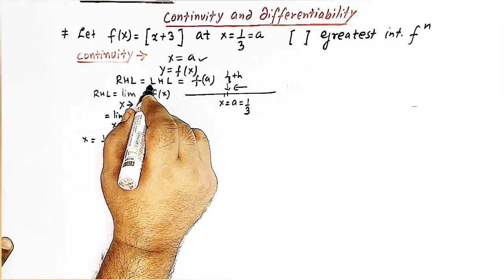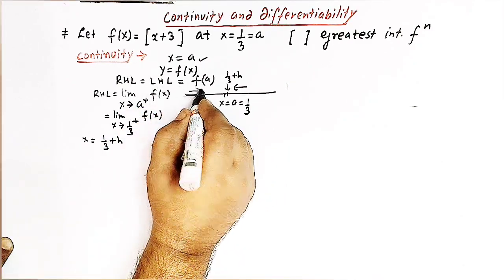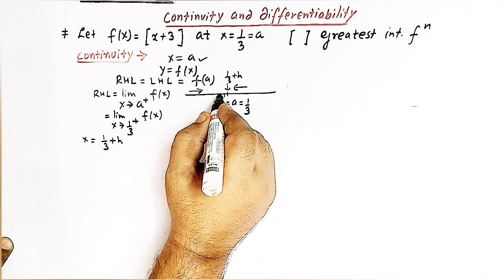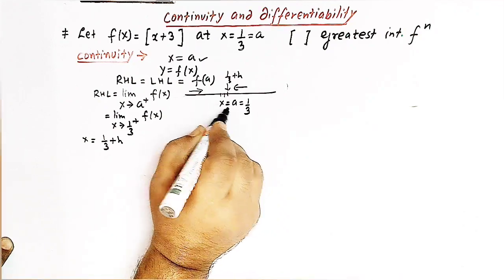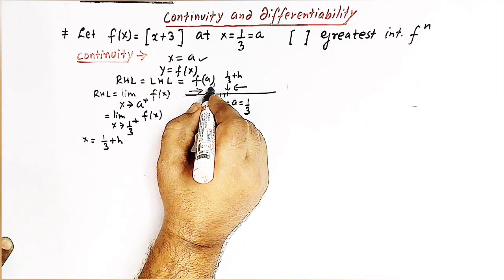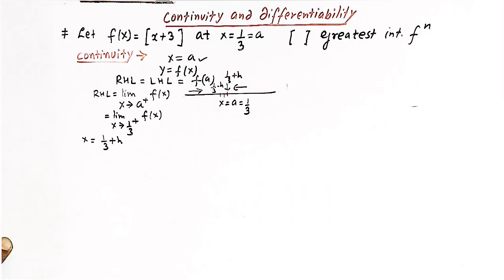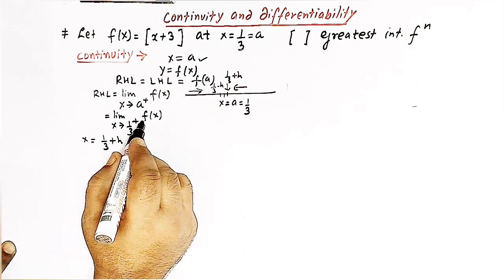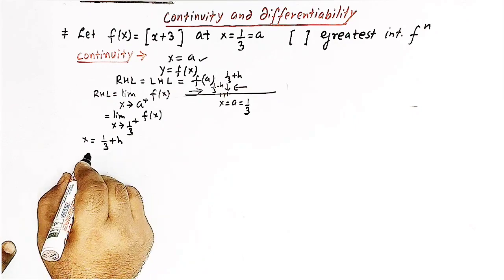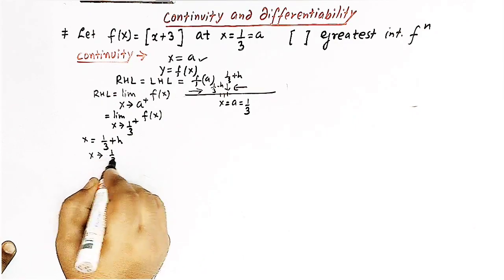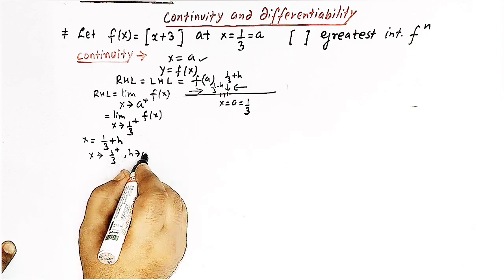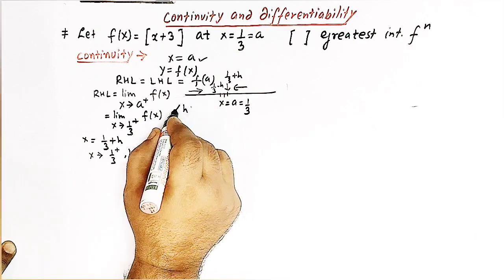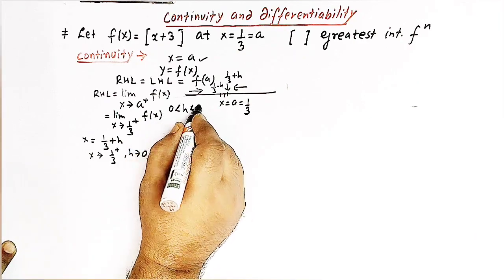When we calculate the left hand limit, we approach from the left of x is equal to 1 over 3, and reach a point in the left neighborhood, that is x is equal to 1 over 3 minus h. We take x is equal to 1 over 3 plus h for the right hand limit, and when x tends to 1 over 3, h tends to 0. Remember h is a positive quantity, and it lies between 0 and 1.